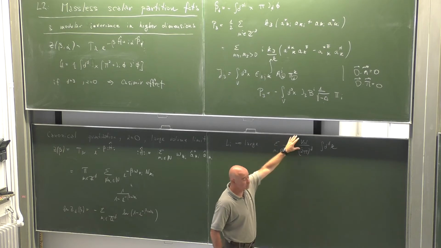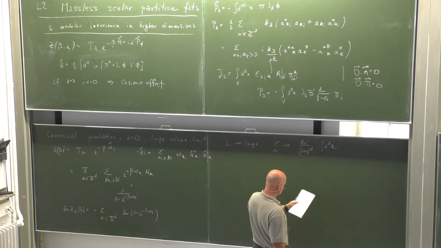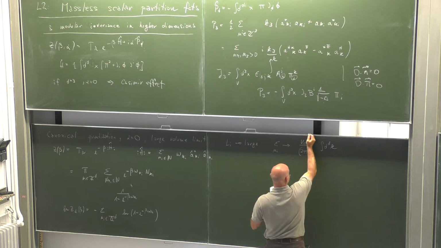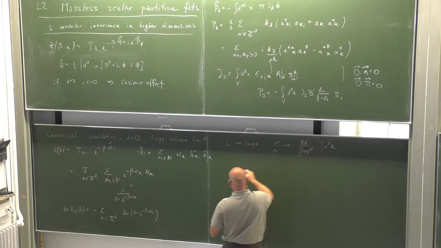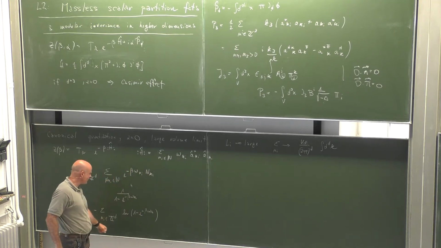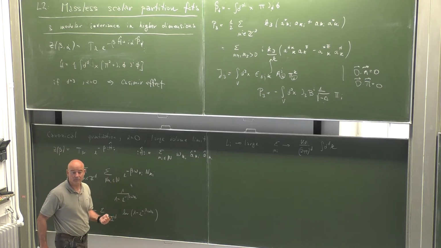And you get this volume factor, so this should be, yes, V_D out of this, just because when you think how you go from the k's to the n's, there's a Jacobian, if you want.